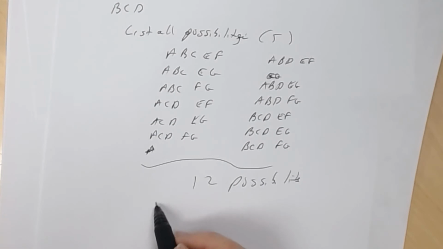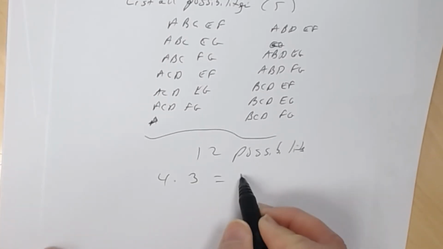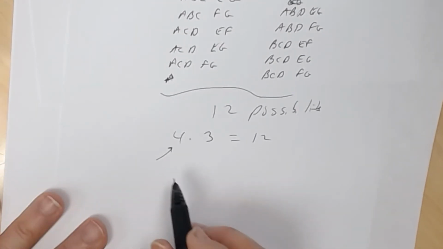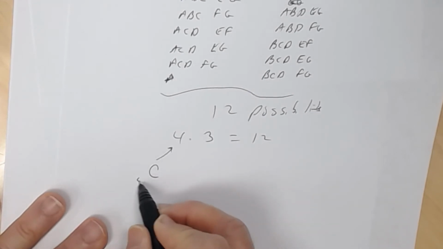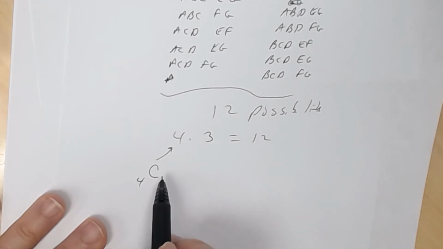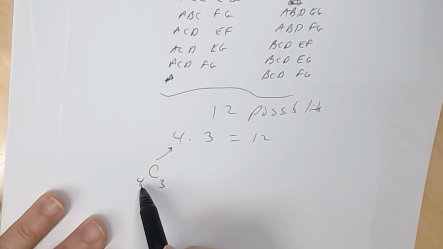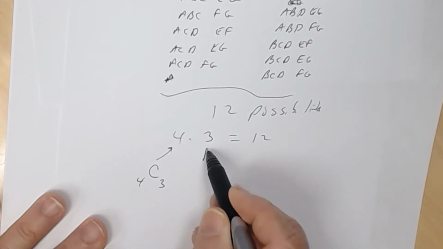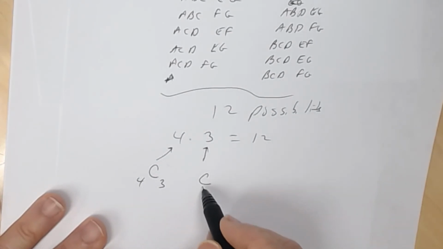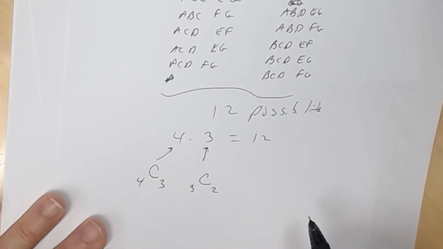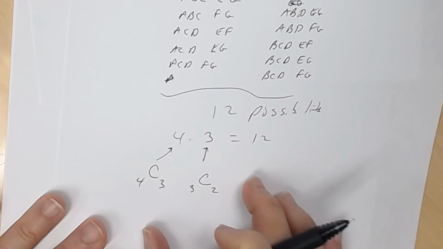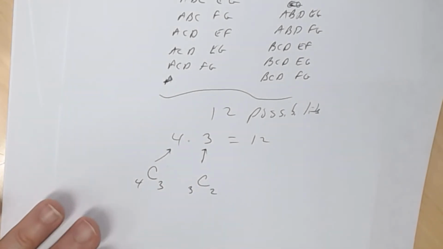So 4 times 3 equals 12. So this turns out to be the number of ways of choosing 3 people from 4, and this right here is the number of combinations, number of ways of choosing 2 people from 3. All right? So that's going to help us with number 6 now.